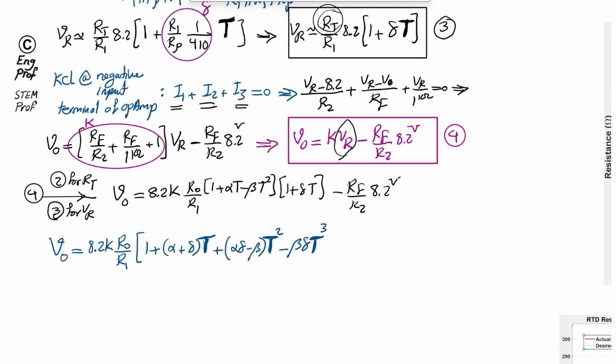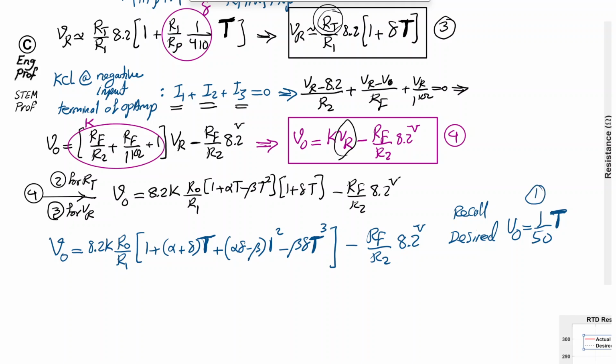So we are getting to what we wanted, basically, minus RF over R2, 8.2 volt. Now, recall the desired or target Vout is 1 over 50 temperature. So what is the meaning of this? This is equation 1 that we had. So the meaning is we want this to be 0. We want this to be 0. And we will set this one properly.